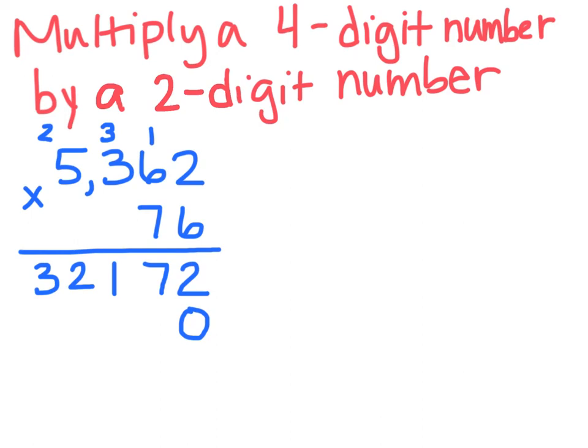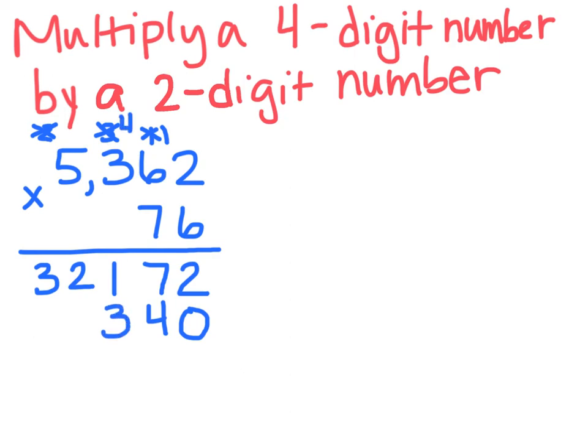All right, now let's put our 0 here as our placeholder so that we can remember we're really multiplying 5,362 times 70. We're just going to treat it like a 7 because it makes the job easier. So 7 times 2 is 14. We'll put our 4 in our tens column, carry our 1. Make sure you X out the old numbers so you don't get confused. 6 times 7 is 42, plus 1 is 43. So here, 3 goes in our hundreds column.